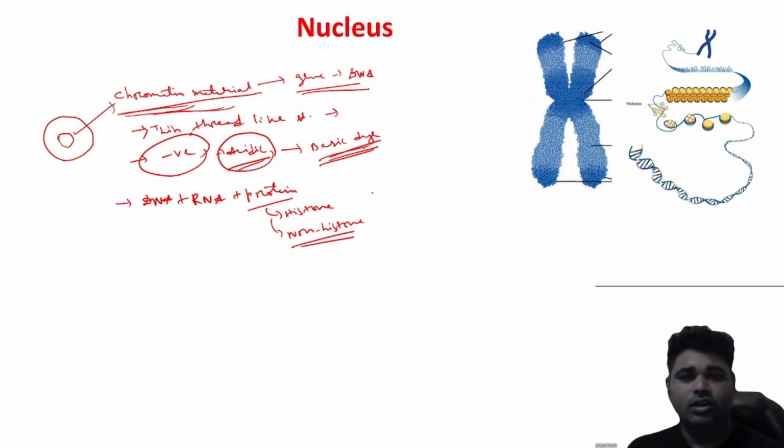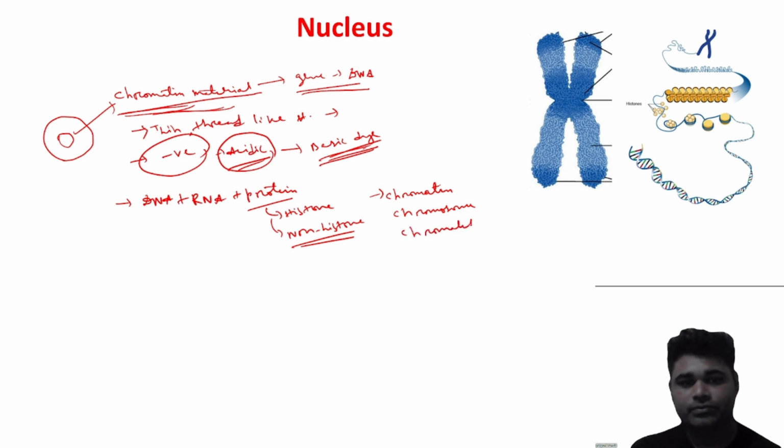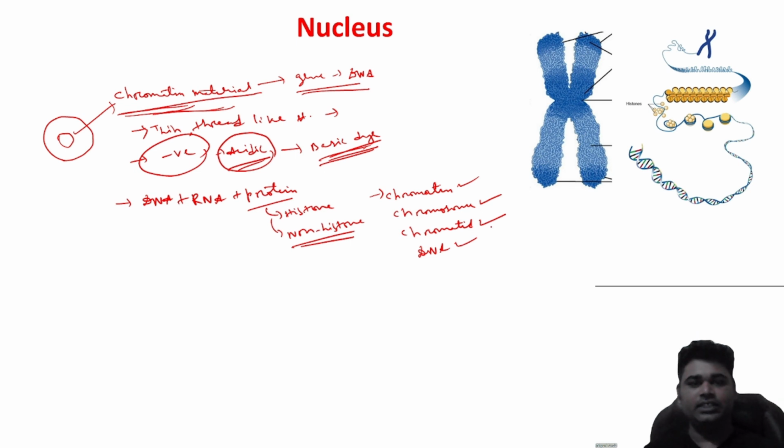You already know the words chromatin, chromosome, chromatid and DNA. So what is the chromatin, what is the chromosome, what is the chromatid and what is the DNA?